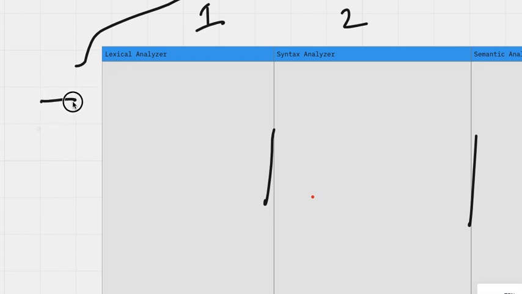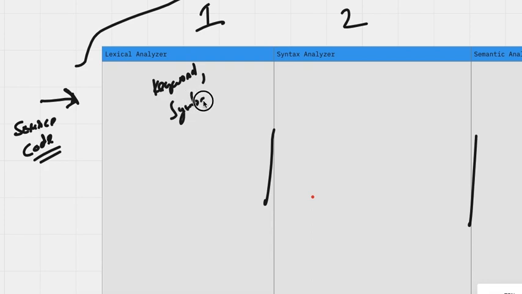It takes as an input your source code, which is nothing but a sequence of characters. This lexical analyzer has some information about the keywords, symbols, and operators of the language.